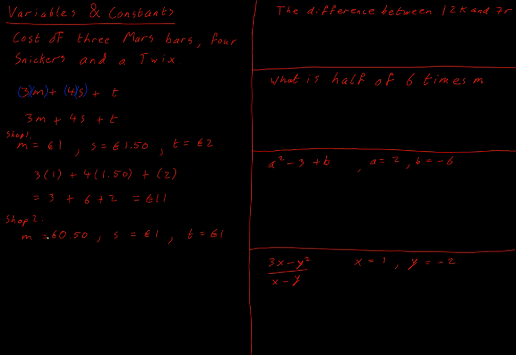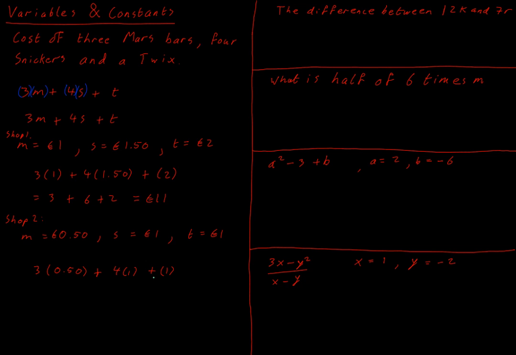So now when I put that in, I still have my original formula. I want 3 Mars bars, 4 Snickers, and 1 Twix. I have 3 by 0.5 plus 4 Snickers, which each cost me €1, plus a Twix, 1 Twix, which just cost me €1.